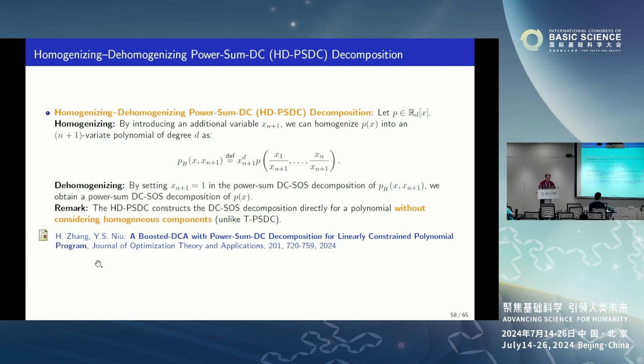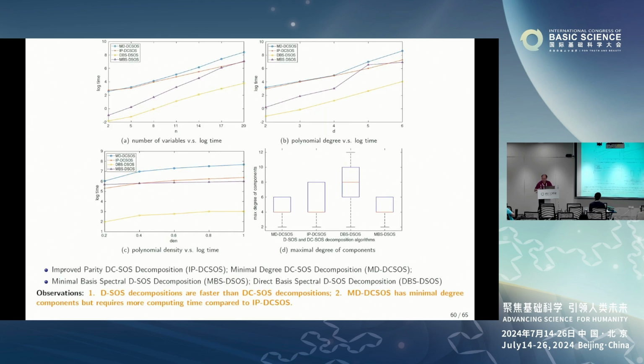Now let's look at some numerical results. Here is a comparison of spectral decomposition, parity decomposition and minimal basis one. You can see, first, that decomposition with convexity is more complicated, so the average time is larger than decomposition without convexity.